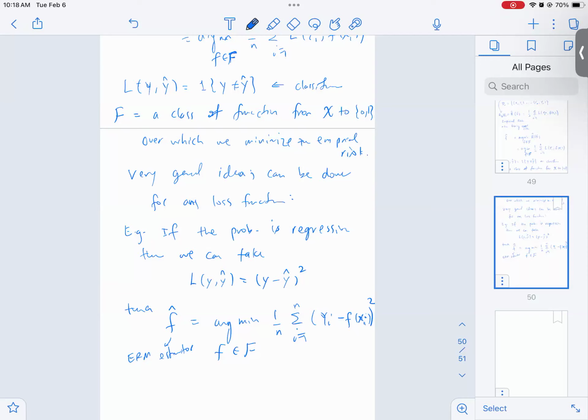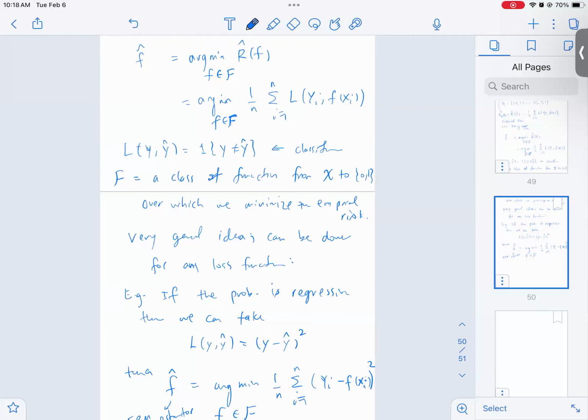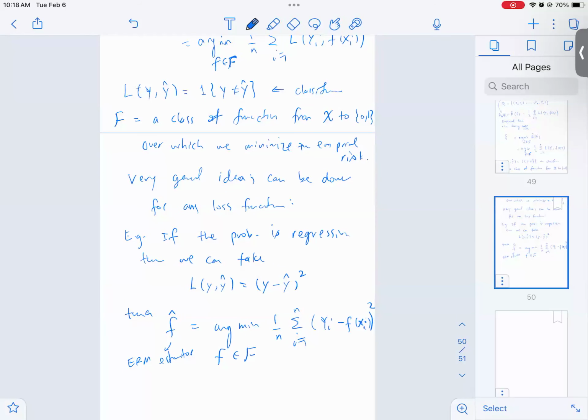For example, if this is a parametric family with a parameter and the parametric form is smooth, then I can try to solve this using numerical techniques, as we'll see. The 0-1 loss is problematic because it's discontinuous. Oftentimes you replace it with a surrogate loss function, and then you minimize that instead. So that's the idea of empirical risk minimization.